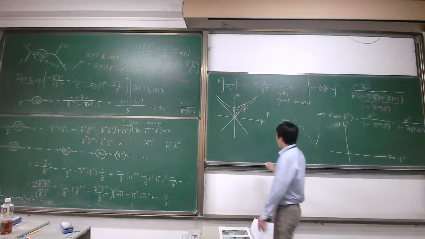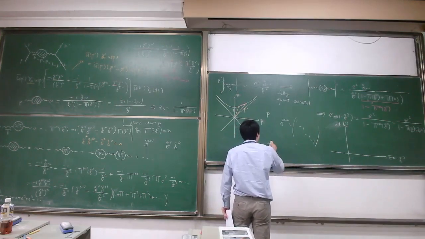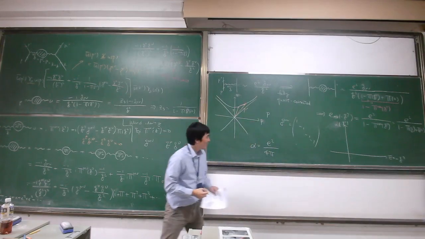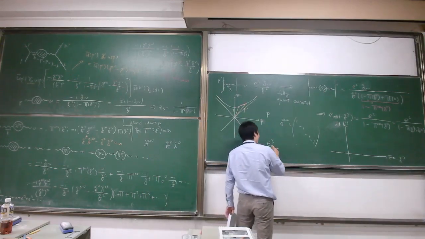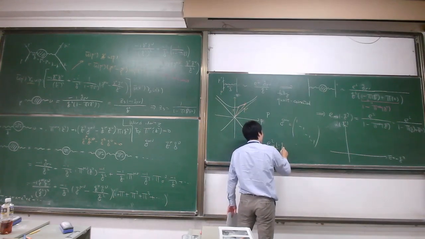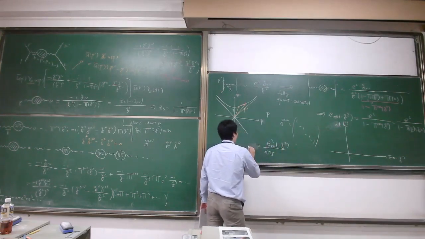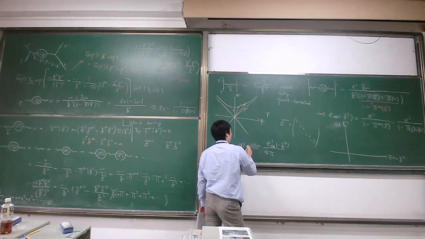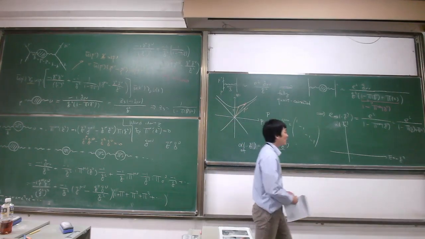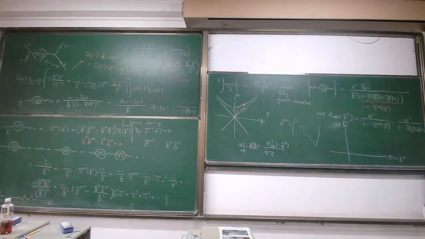Now I remember the formula for alpha: alpha effective of minus Q squared. The effective fine structure constant depends on energy. And of course here, you have to set which scale you use.